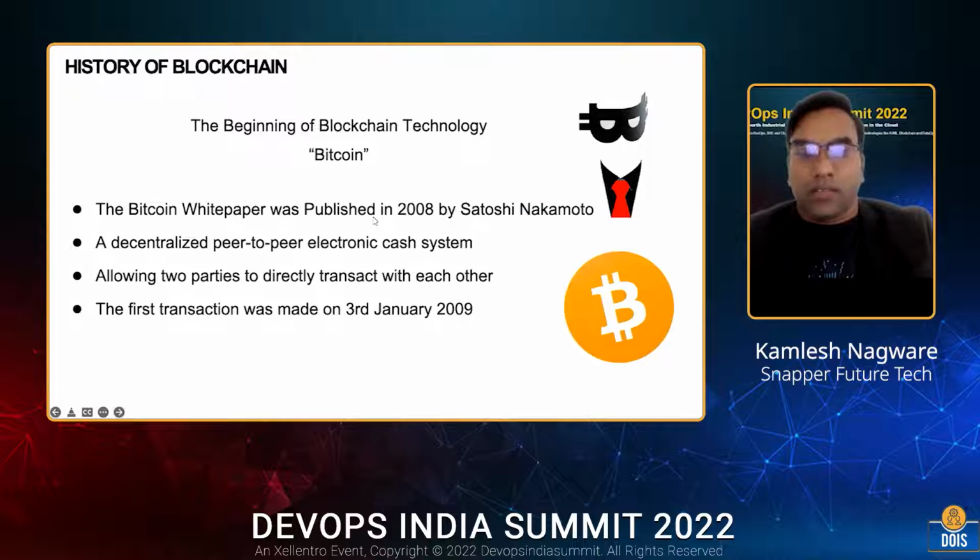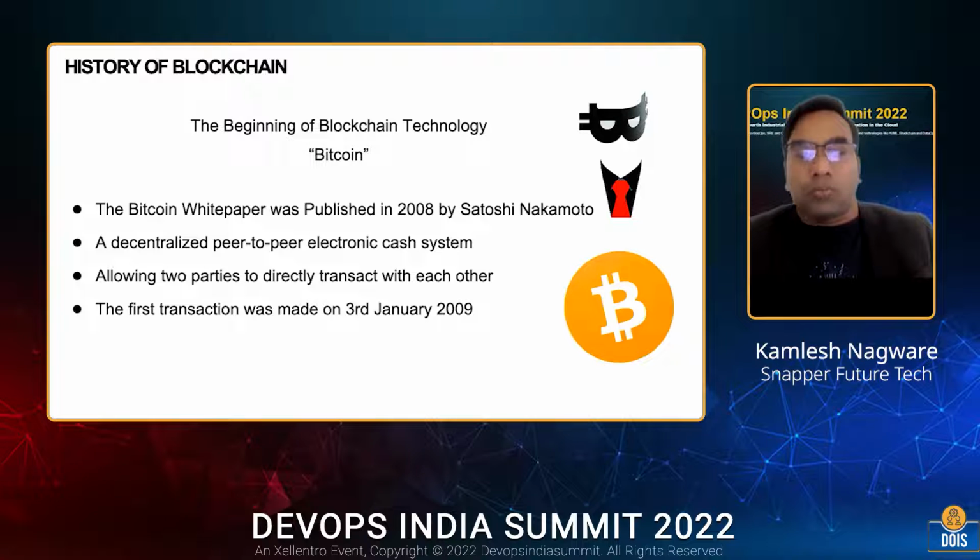And if you're talking about blockchain, if you don't talk about Bitcoin and cryptocurrency, then it's not fair. It all started with Bitcoin, when in 2008 Satoshi Nakamoto published the Bitcoin white paper. This later became a peer-to-peer transactional system called the Bitcoin blockchain, with Bitcoin as a cryptocurrency, where people can transact with each other without a central party.